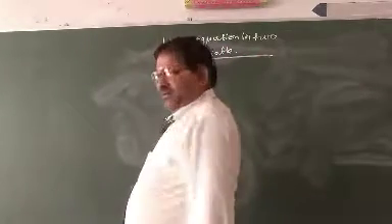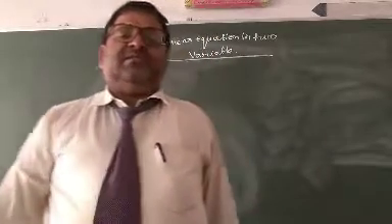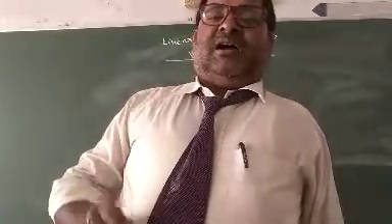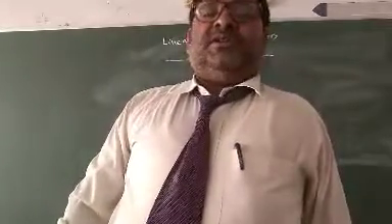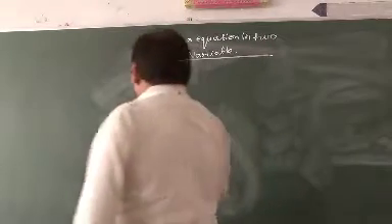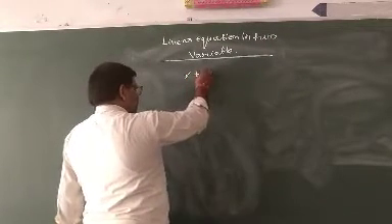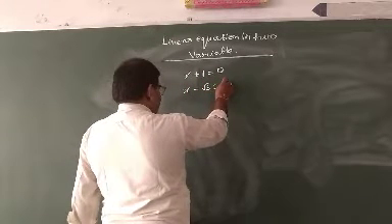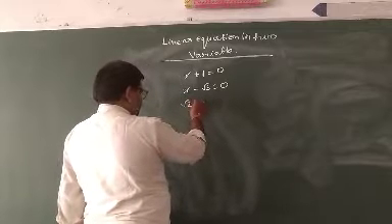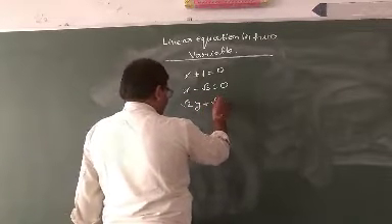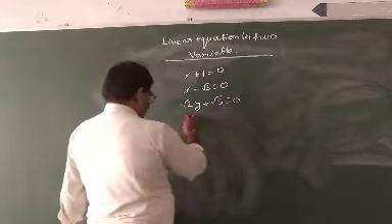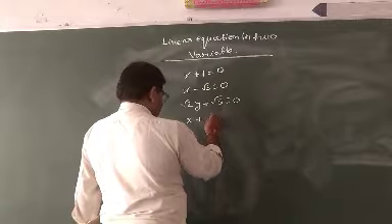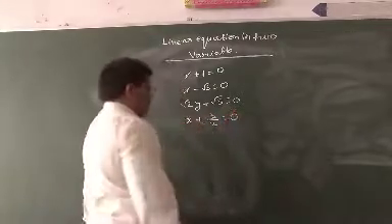I think you know that the linear equation in one variable is already known from the previous classes. For example, x plus 1 equal to 0, x minus under root 3 equal to 0, under root 2 y plus under root 5 equal to 0, x plus 3 by 2 equal to 0.